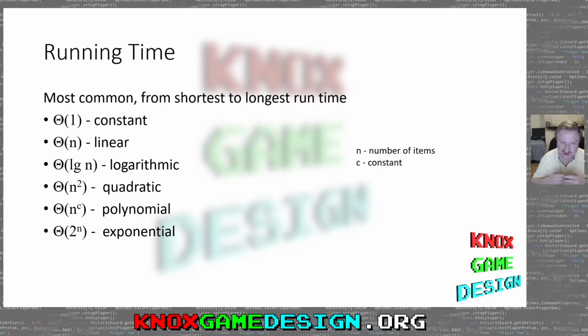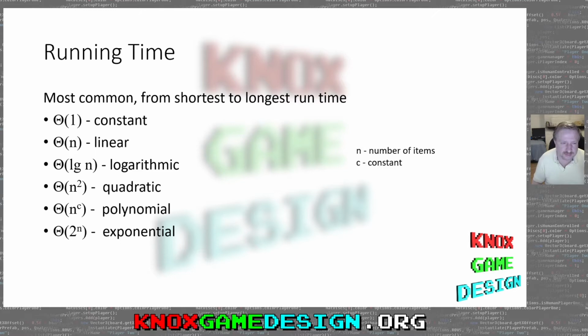So that's linear time. Logarithmic time, I don't know how they calculate logarithmic time. I just know that it's greater than linear and it's less than quadratic, and how they actually derive that, that's something everyone can research. A lot of times you'll see n log n, I think, for quick sort runtime.